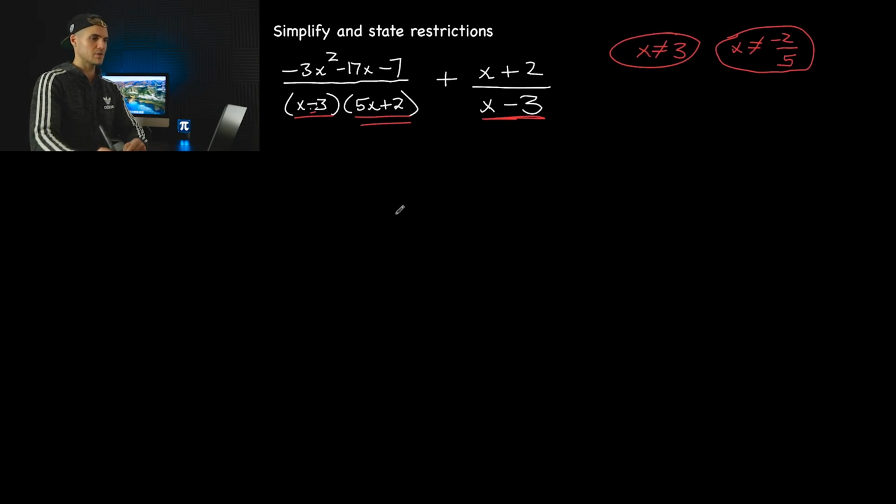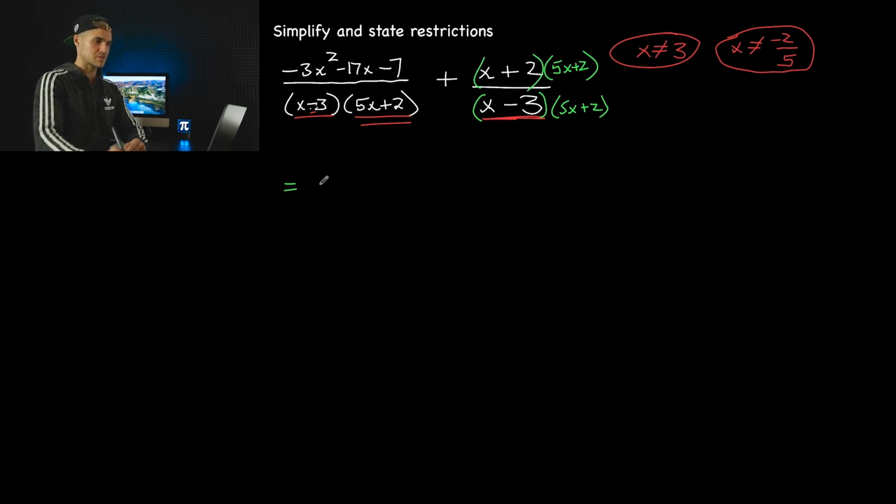And so from here, we just have to simplify this. We have to add these two rational expressions. Like I said, the common denominator would be x minus 3, 5x plus 2. So we're going to take this x minus 3, multiply it by 5x plus 2. You can't just multiply the denominator by a random expression, you have to also multiply the numerator by the same thing in order to keep it the same.